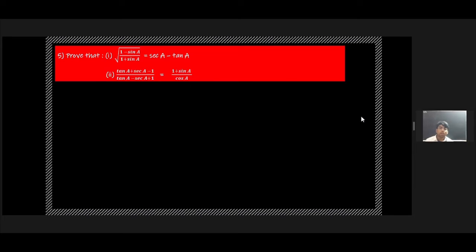In the fifth main question, we have two different sub-questions. The first question states root of 1 minus sine A divided by 1 plus sine A equals secant A minus tan A. So let me take the LHS because it seems to be complicated and then solve for RHS.